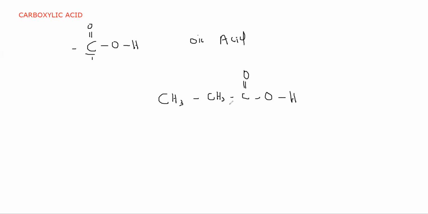So there are 3 carbon atoms. If 3 carbon atoms, which prefix will I use for 3? So it will be prop, because I have 3. Between the carbon atoms, they have a single bond, so it will be an.